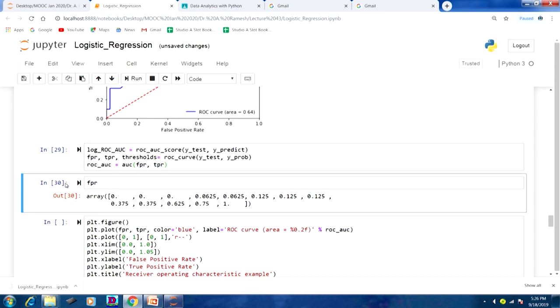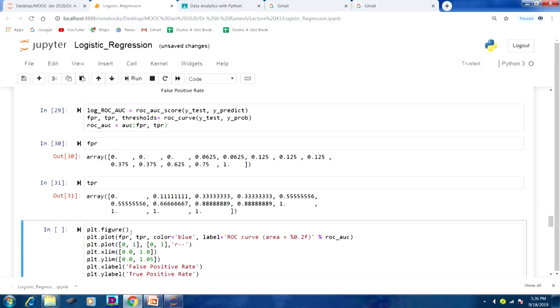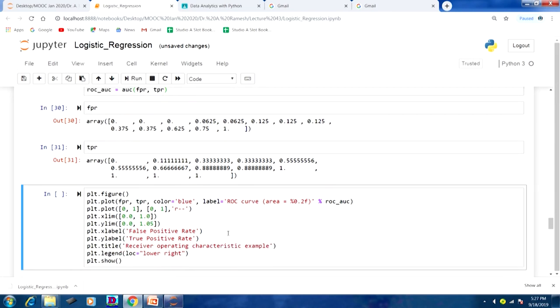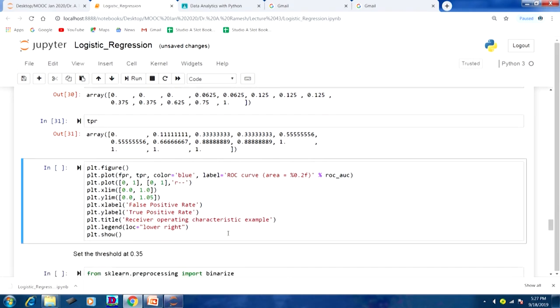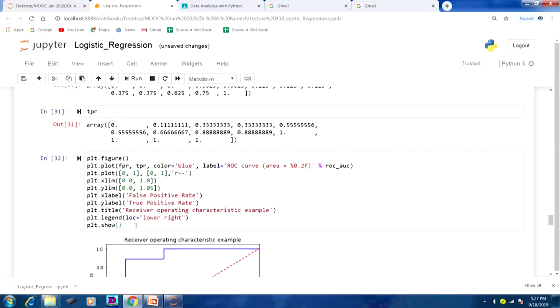Now, I will display the output of true positive rate, TPR. These are the true positive rates. So, these values are going to be the x and y axes of our ROC curve. For different combinations, we may get different ROC values. So, we will plot the ROC curve.